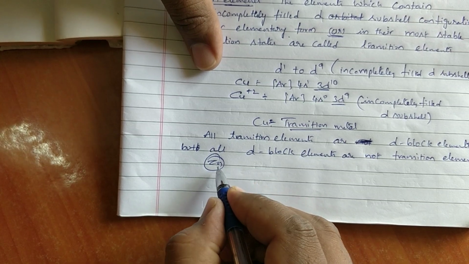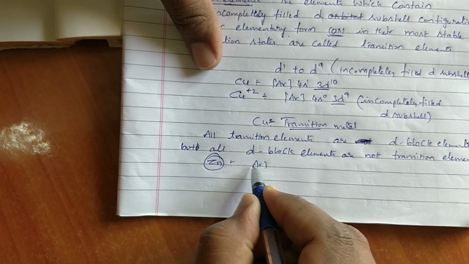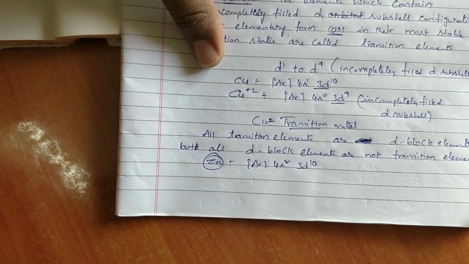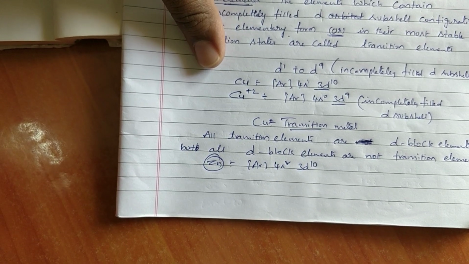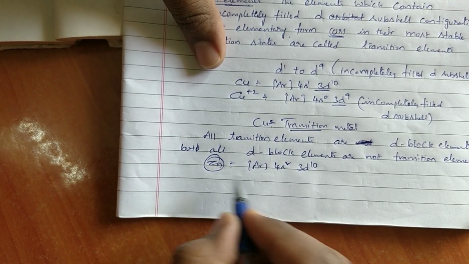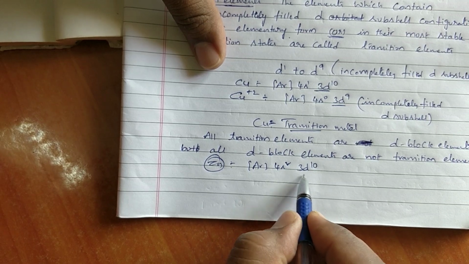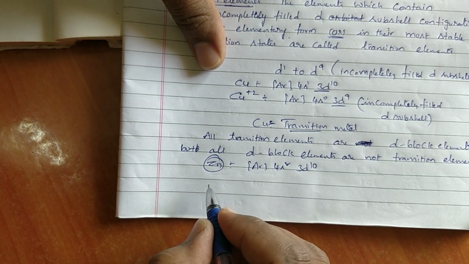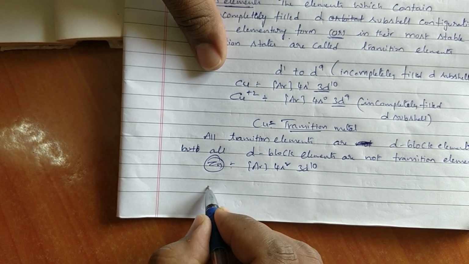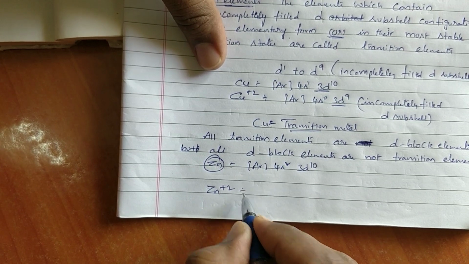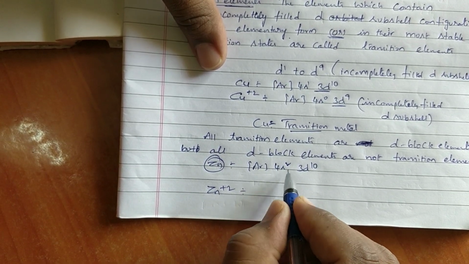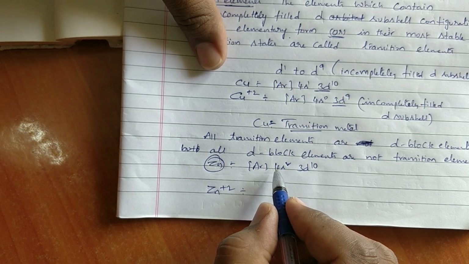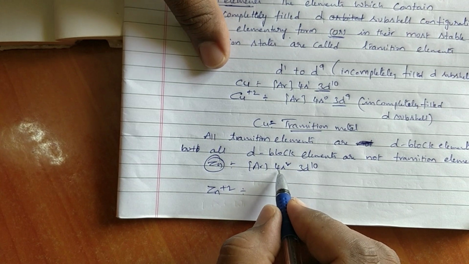If you see zinc in its neutral form, its configuration is argon 4s2 3d10. This is the neutral form of zinc, and it has a completely filled D configuration. Now, the most stable oxidation state of zinc is Zn+2. In Zn+2, two electrons from 4s will be lost because the outermost shell is the fourth shell, and electrons are present in 4s.